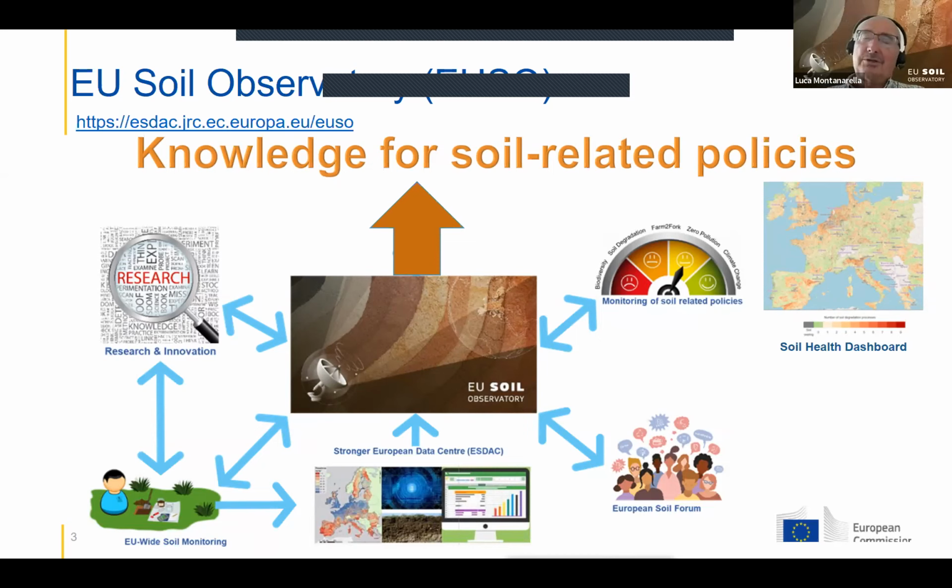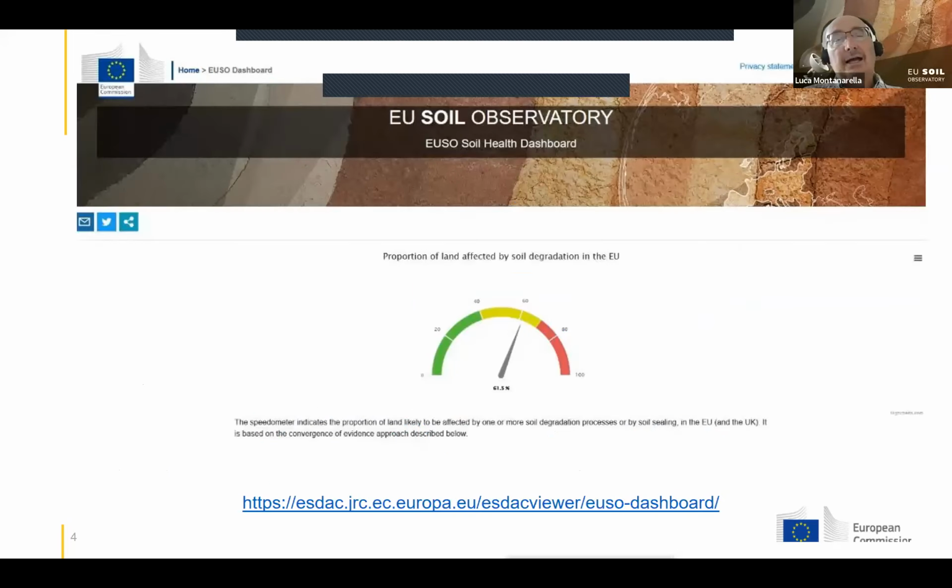Our own analysis then also allows us to operate what I will talk about a little bit more in detail, our monitoring and our dashboard efforts, so that we constantly have the possibility to provide external users a picture of the status of soils across the EU. And this is the recently released soil health dashboard.